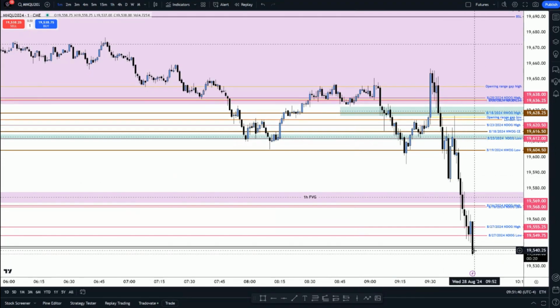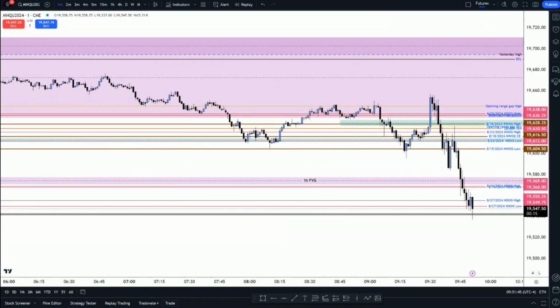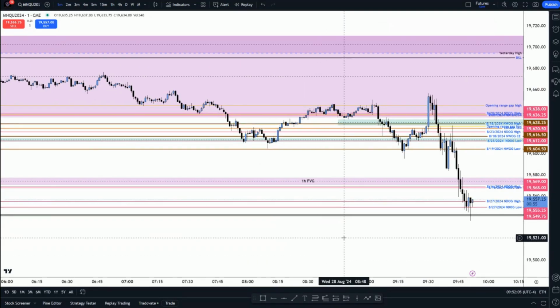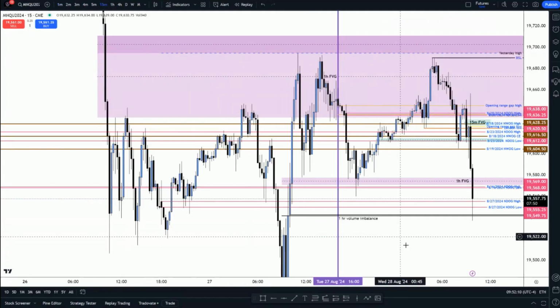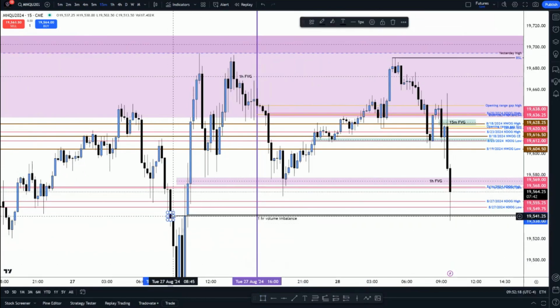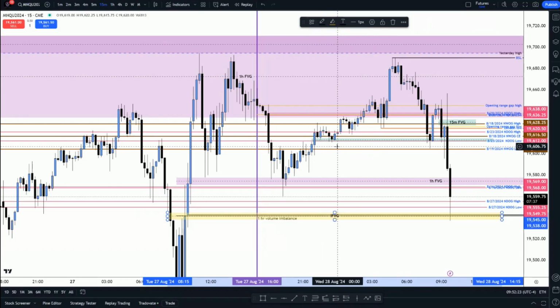Filled that 1 hour volume imbalance there. So if it keeps going low, all right. So now look, we filled that volume imbalance there. This was the inversion fair value gap.